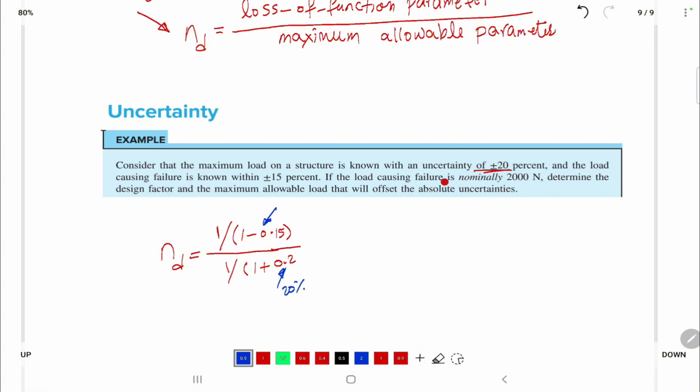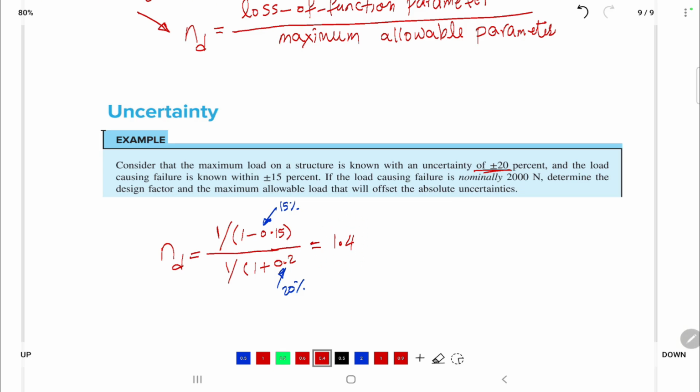This one is 15%, which is the load causing failure uncertainty. So if we calculate this, it will be 1.4. So for the whole structure, the uncertainty factor will be 1.4.